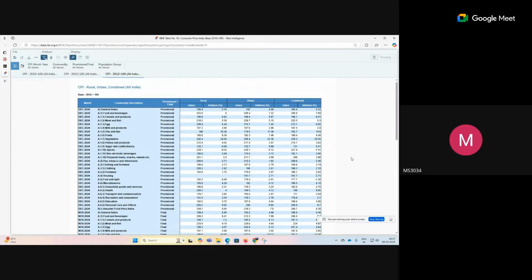So we see vegetable prices are rising very highly, which we see in our day-to-day lives also. I am just giving you an example of where you can get these data points and how these values are calculated in the real world.